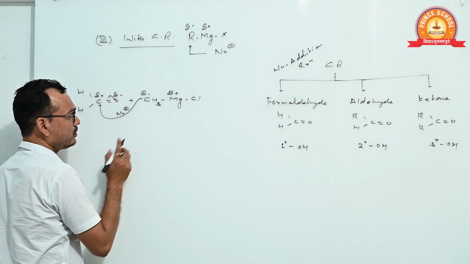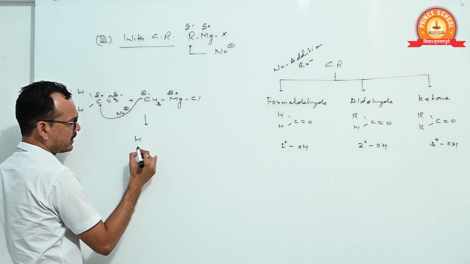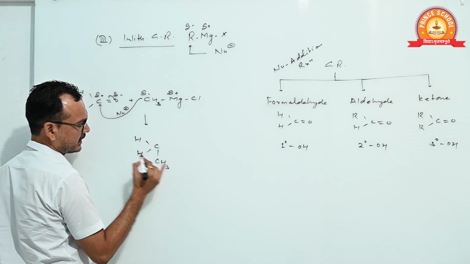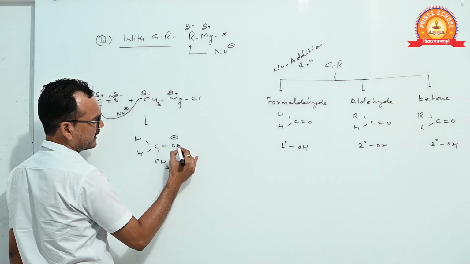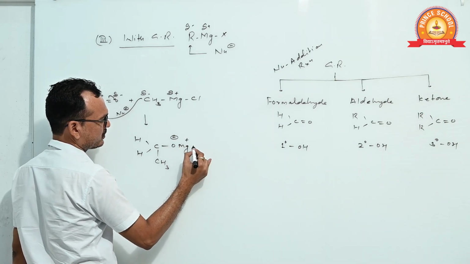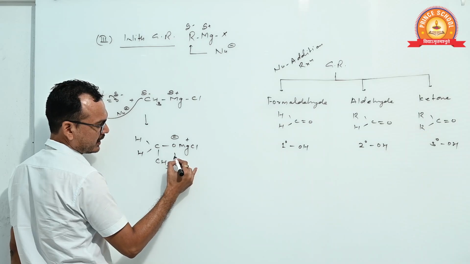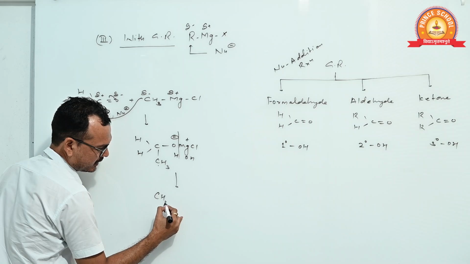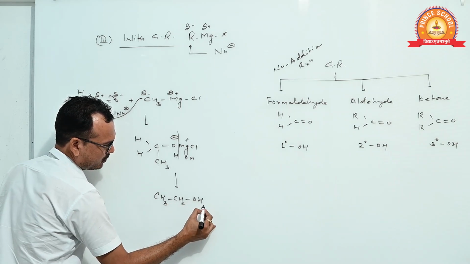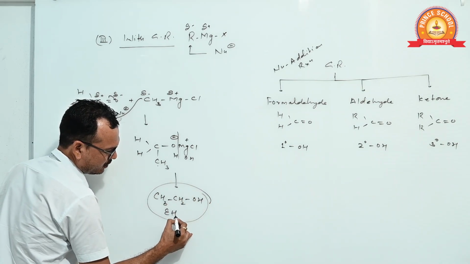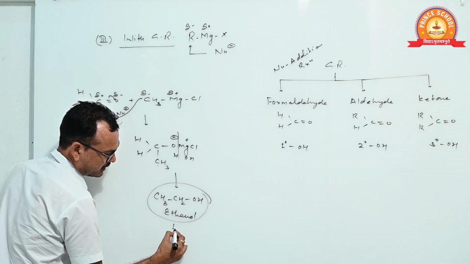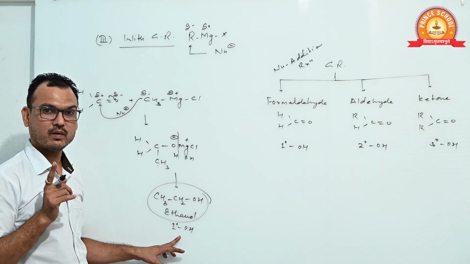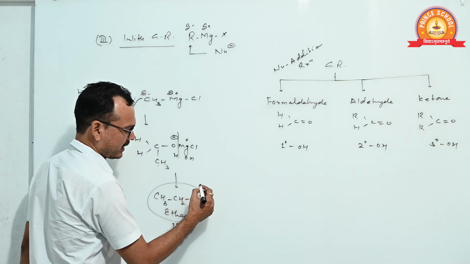Electron density transfers to the oxygen atom, and as a result we get H, H, C, CH3 with oxygen negative charge, Mg plus and Cl, and after hydrolysis we get CH3CH2OH. It is ethanol, the 1 degree alcohol, and this alcohol has one extra carbon than GR.